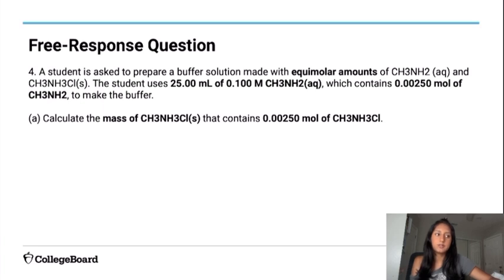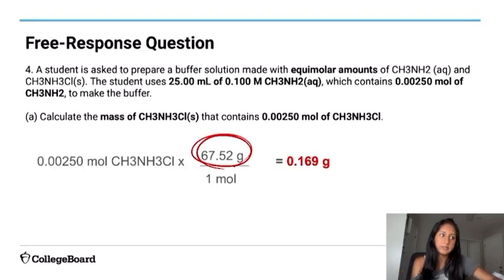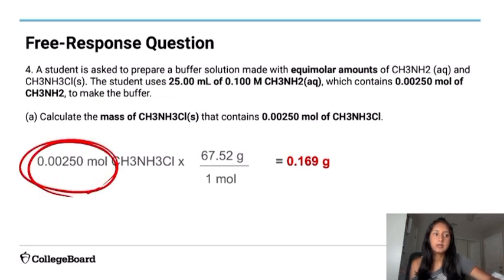And then part A says, calculate the mass of CH3NH3Cl solid that contains 0.00250 moles of CH3NH3Cl. So for this one, since it says calculate the mass, we want our answer in grams, which means we have to use the molar mass. So you would have to calculate the molar mass of CH3NH3Cl first and multiply it by the amount of moles that it contains.